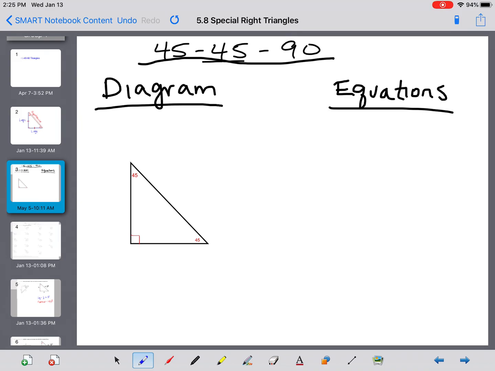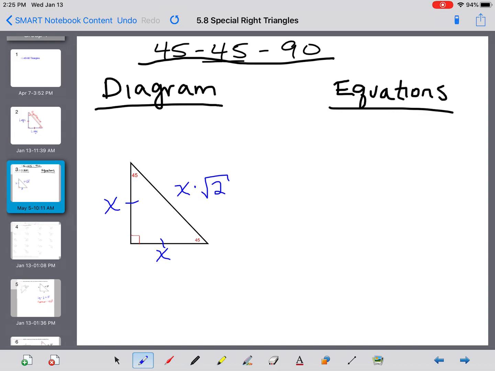The legs are exactly the same, and we represent that with an X. The hypotenuse is always whatever the leg is times the square root of 2.